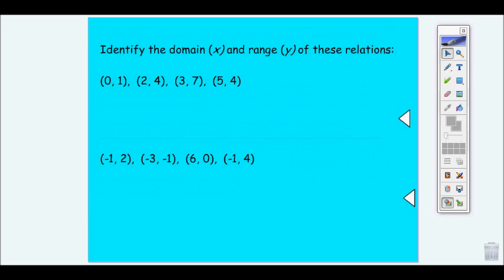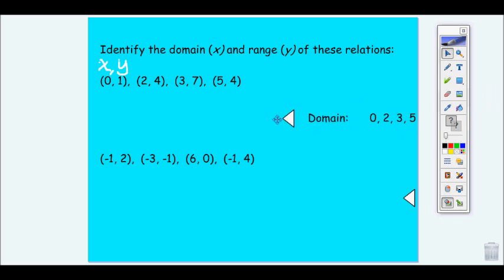Okay, so this time the domain and range are listed as coordinate pairs or coordinate points. So my x's this time are going to be the first number, and my y is going to be the next. So my domain in each one of those ordered pairs would be 0, 2, 3, and 5.